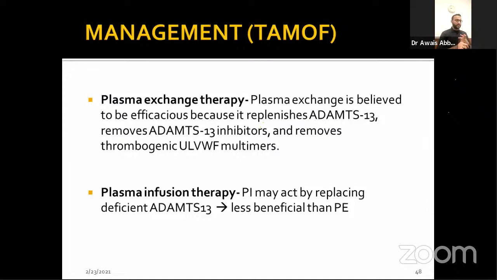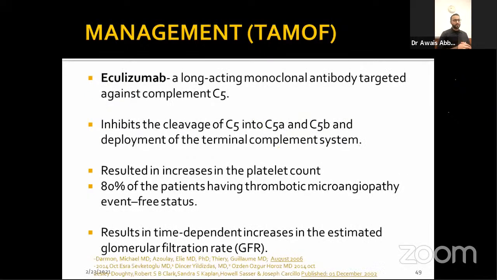I went through data that compared plasma infusion therapy with plasma exchange therapy. Plasma infusion can only replace the deficient ADAMTS13 levels, but since we are not taking out any plasma, it will not be able to remove the inhibitors. So plasma infusion therapy proved to be less beneficial than plasma exchange therapy for TAMOF management.